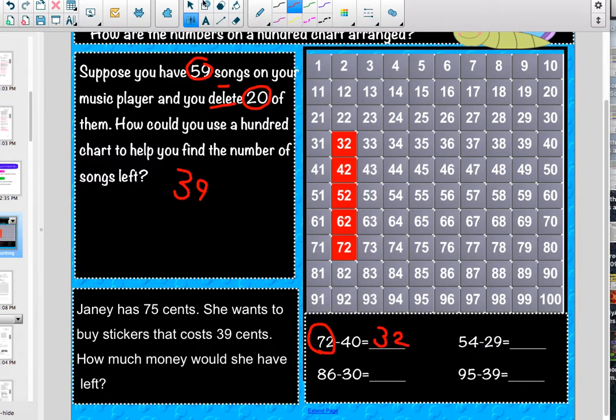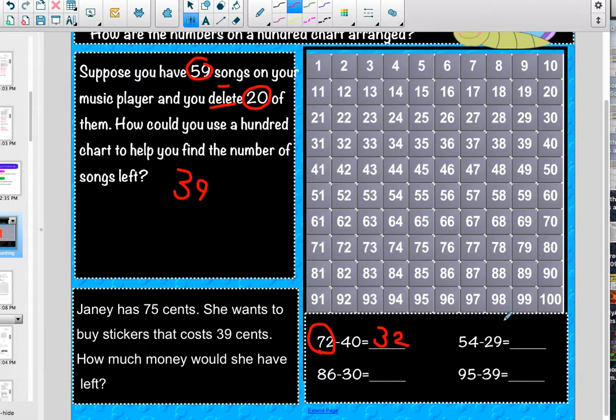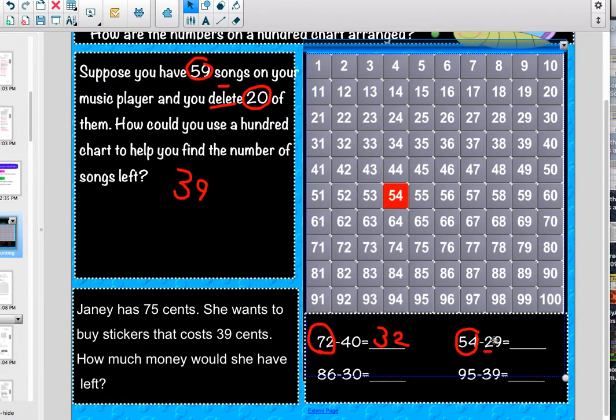If I had 54 minus 29, right? Notice I'm going to start with 54, and then I'm going to take away 2 10s. So I have 54. It says 2 10s, so I'm going to go back 2 10s, 10, 20.